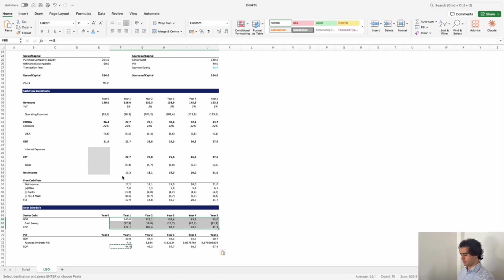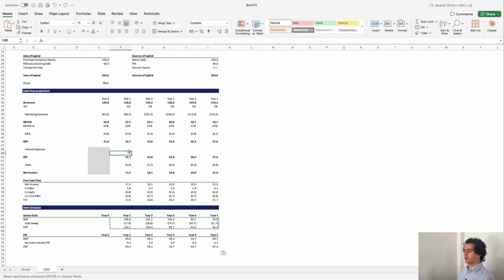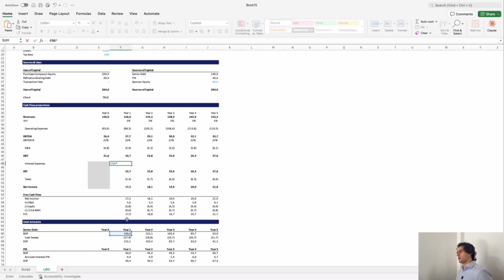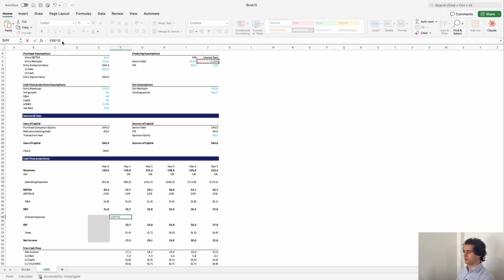Let's format the numbers. So actually, our only interest expenses on the P&L will be relative to the senior debt. And so we can calculate the interest expenses as the beginning of period senior debt of each year times the interest rate of the senior debt.